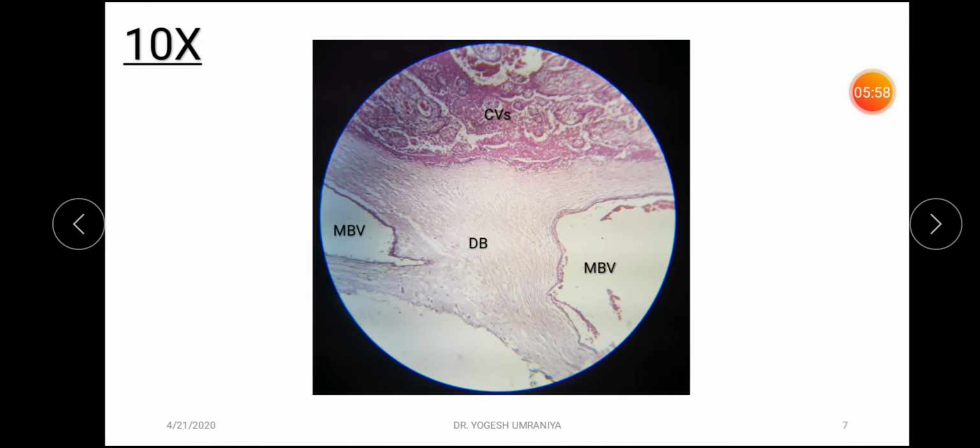Next one, that is the 10x magnification. In this you can see this is the decidua basalis portion. This is the maternal blood vessel containing the maternal blood. Again, this is a maternal blood vessel containing the maternal blood, and above you can see this is the portion of the chorionic plate which is having the chorionic villi.